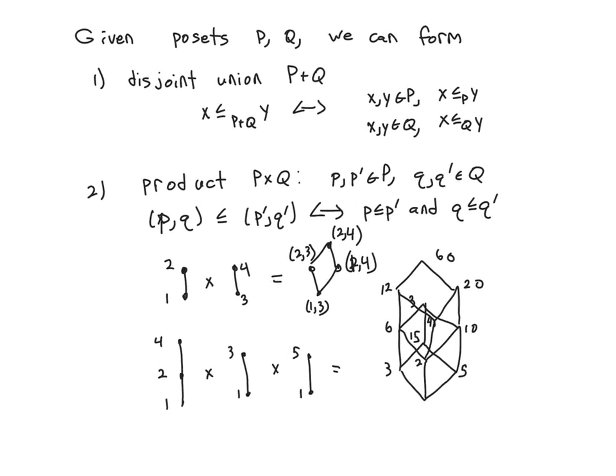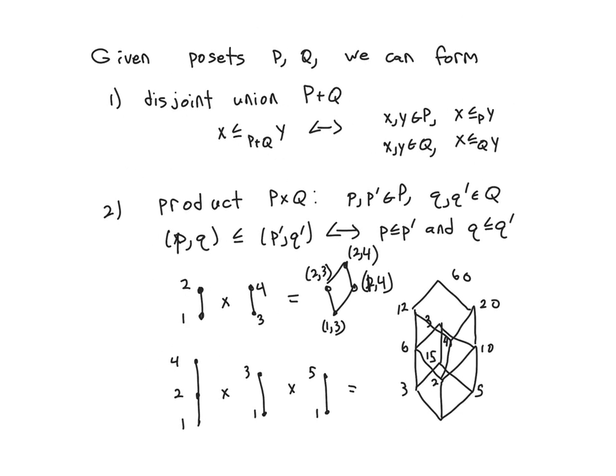Now we discuss how to construct new posets from old ones. And so the first operation: given two posets whose intersection is empty, we form a new poset on their union called the sum of the two posets. And how do we do the partial order? Well, given two elements in P where x is less than or equal to y in that poset, we define x to be less than or equal to y in our new poset.